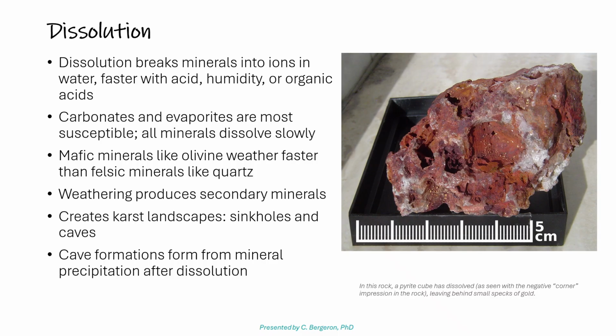And also, when we're talking about dissolution, there's the Goldich dissolution series, which describes the rate not as discretely as the Bowen's reaction series, but in general, it suggests that the chemical weathering rates are related to the crystallization rankings of the Bowen's reaction series.